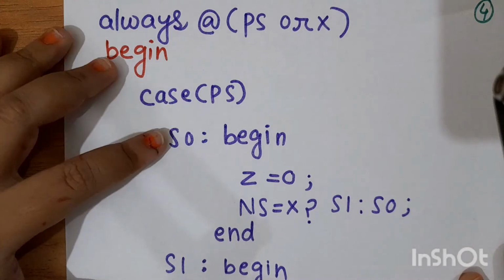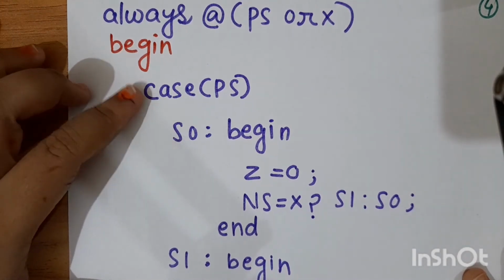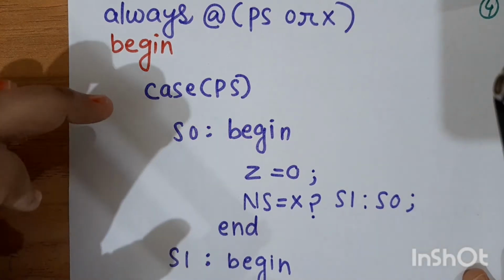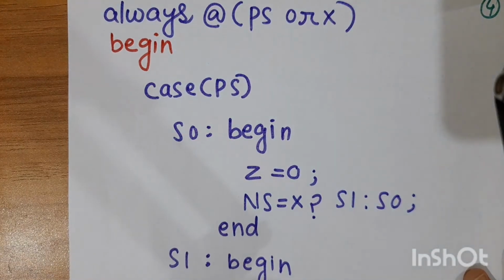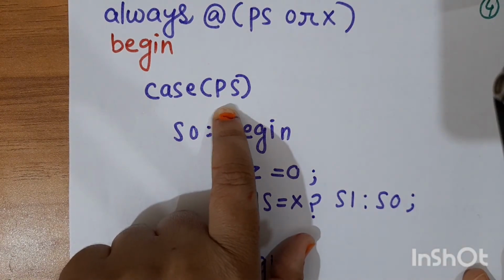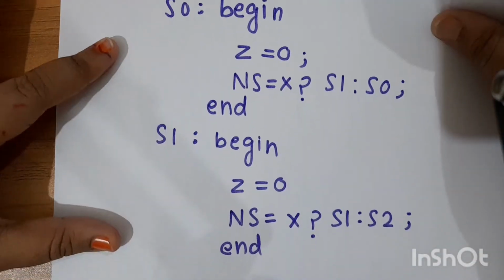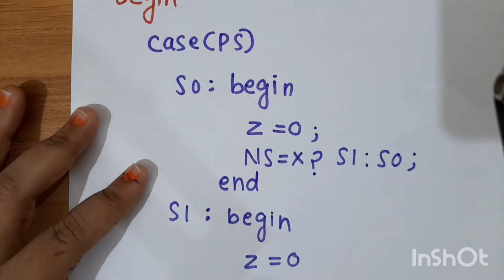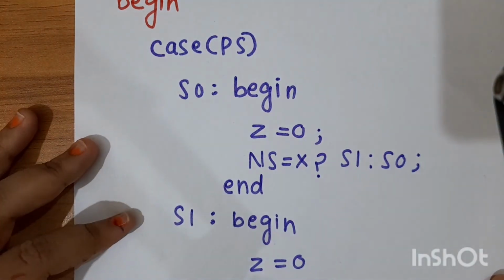In the case, I have S0. When the present state is S0, I get inside this begin-end block. This is the case statement. Whenever the PS matches any of the four options S0, S1, S2, S3, the respective begin-end statement will be executed.